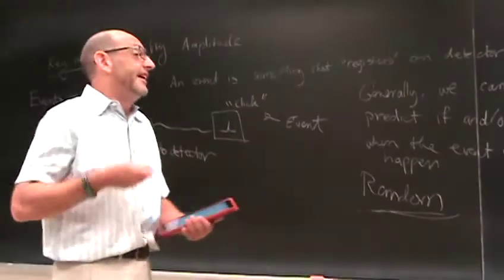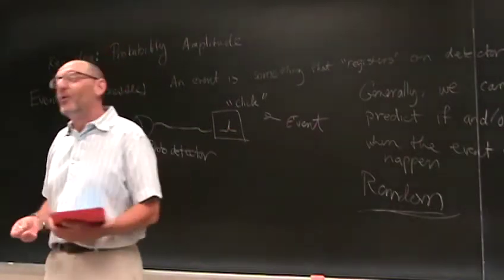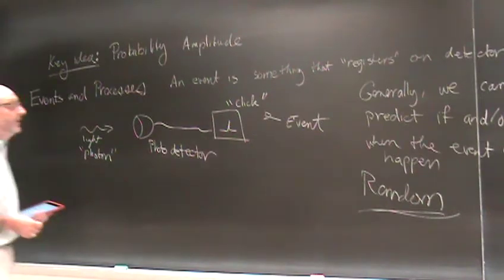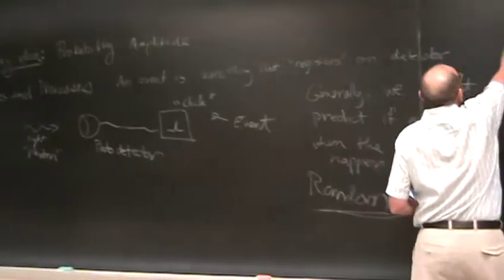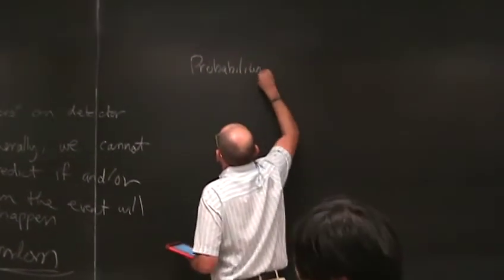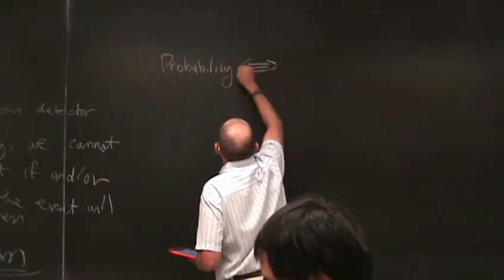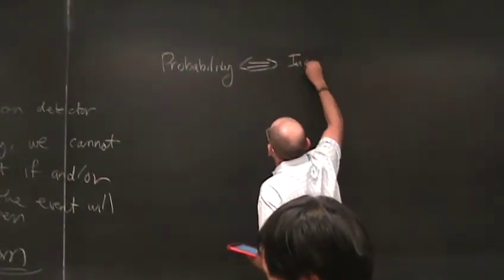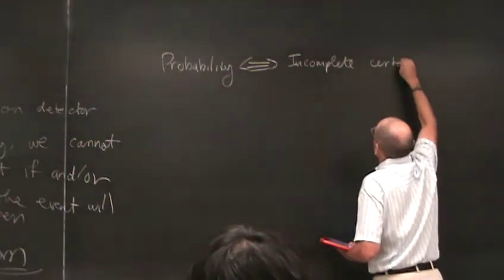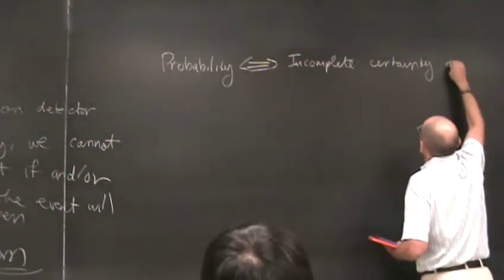Probability is the calculus we use in order to deal with incomplete certainty. Okay? So probability is what we use when we have incomplete certainty of events.